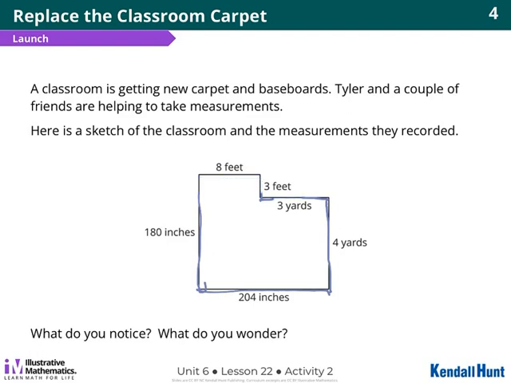So basically, if I draw a line right here, for example, I know this side is 8 feet. This side is 180 inches. This side is 3 feet plus 4 yards. And this side is 204 inches minus 8 feet. And then you could find the area of this one. That is one way to do it.